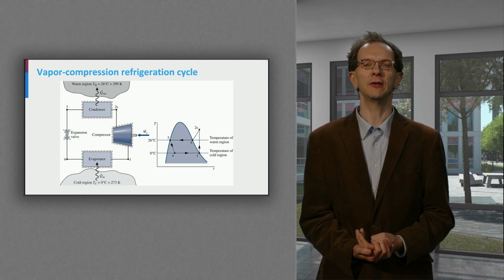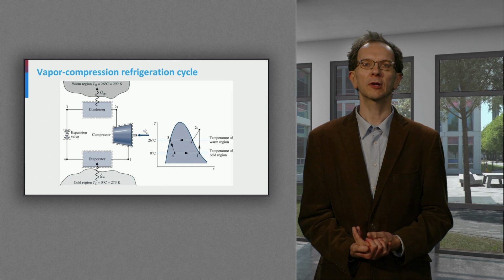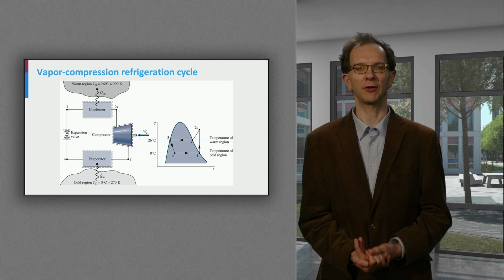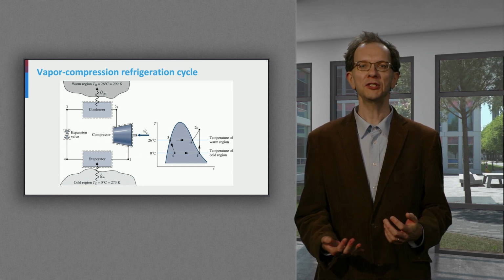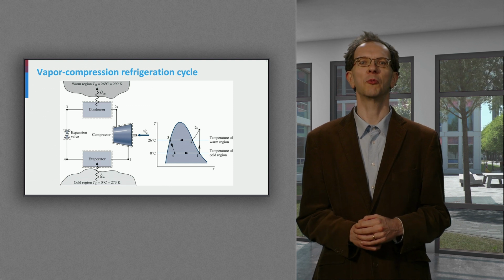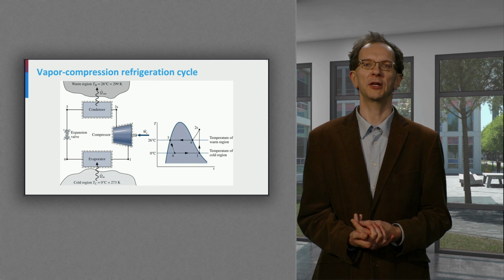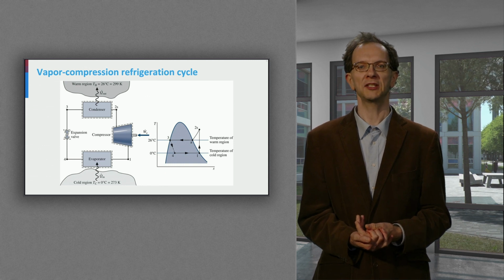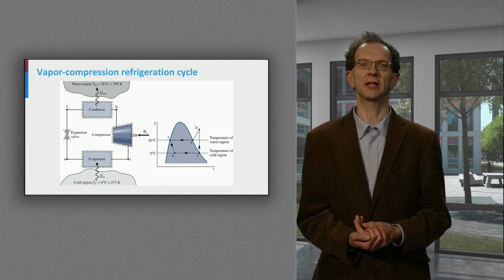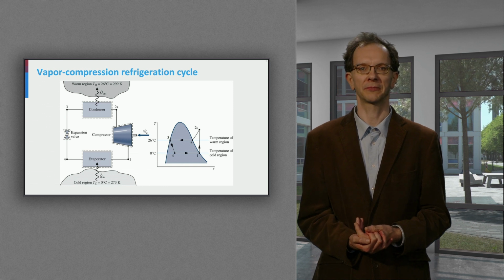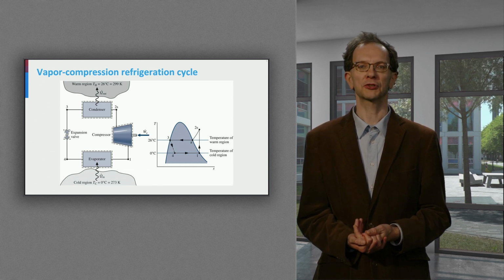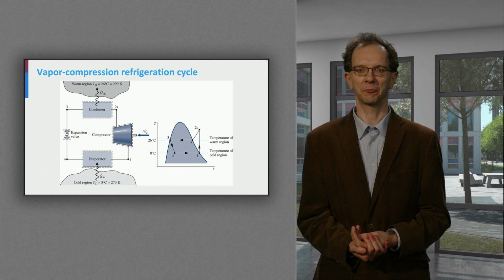At the end of the evaporator, state 1, the working fluid leaves as a saturated vapor. In the compressor, the saturated vapor is compressed isentropically, in the ideal situation, to a higher pressure state 2 or state 2s. S is here to indicate isentropic conditions. This compression causes an increase in temperature.